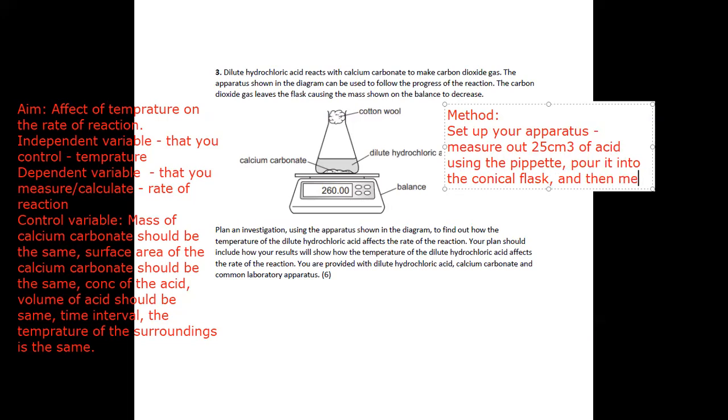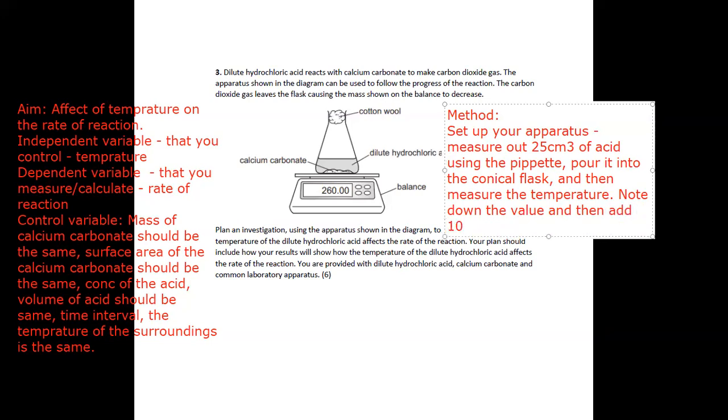and then measure the temperature. Right? Note down the value, whatever the temperature is, and then add 10 grams, let's take 10 grams, of calcium carbonate and add the cotton wool.